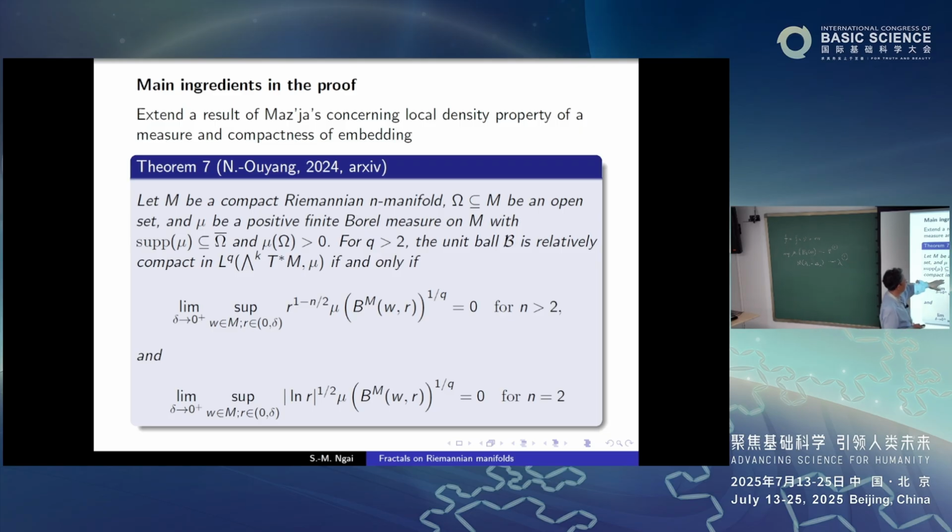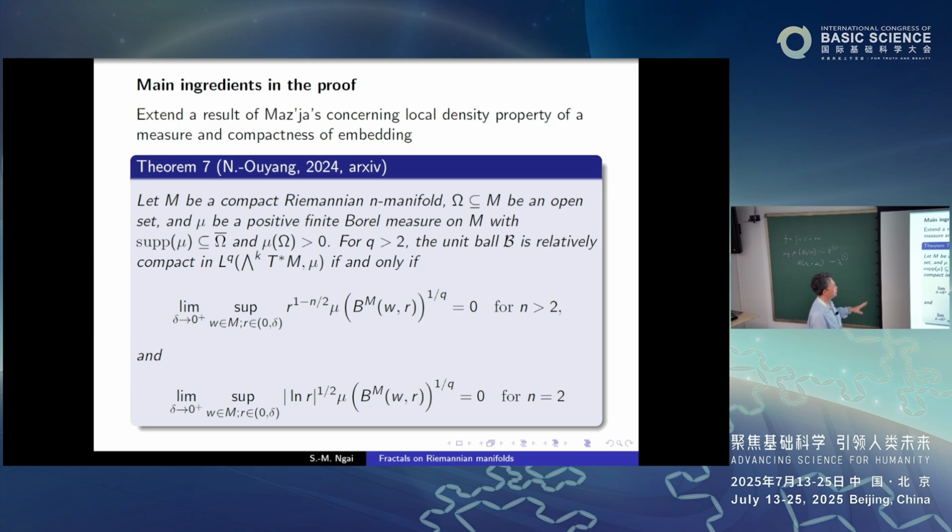I have to say that more carefully. This unit ball is the unit ball in the space of smooth functions with compact support.